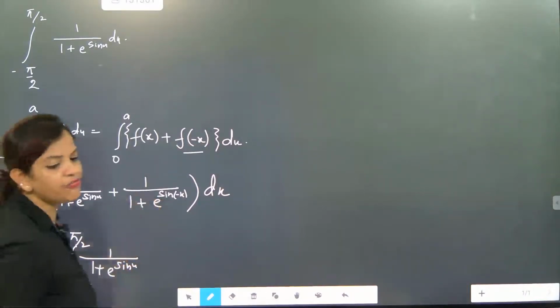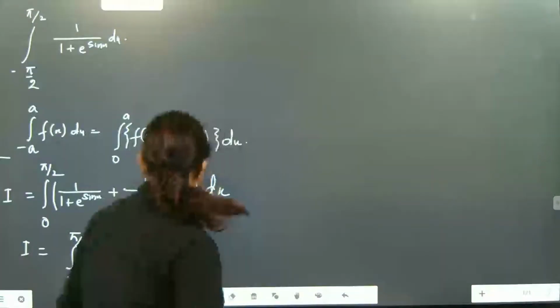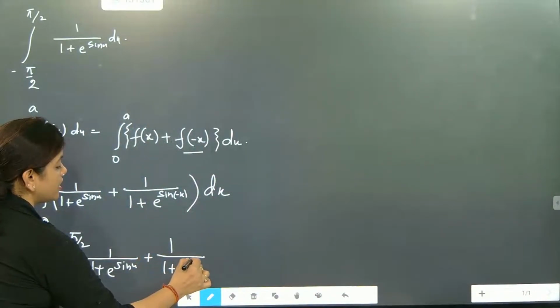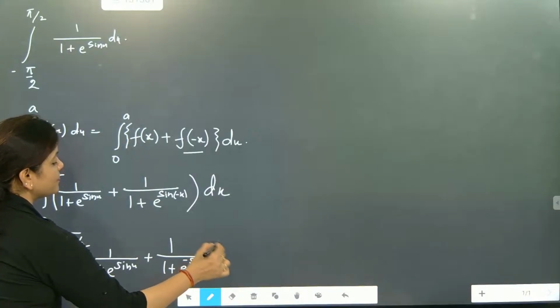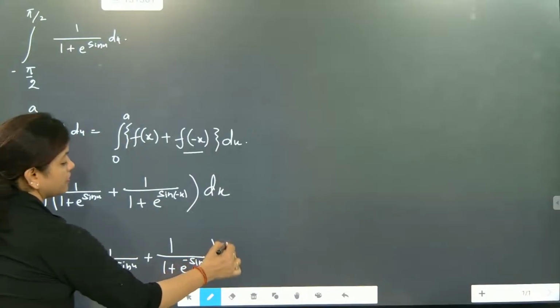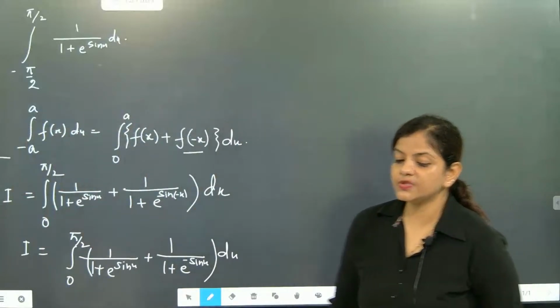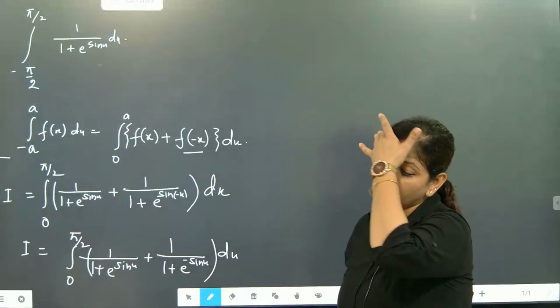Now there sin of minus x will become minus sin x. So it will come out as 1 by 1 plus e to the power minus sin x. So that means now the exponent is becoming negative. Check this one very nicely. Once the exponent is coming negative, we need to solve it very thoroughly.